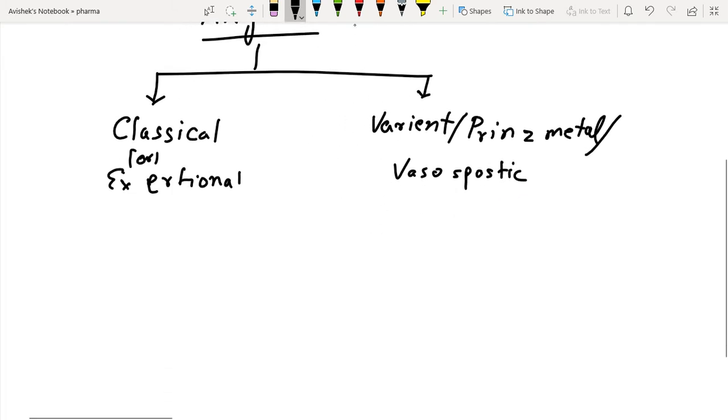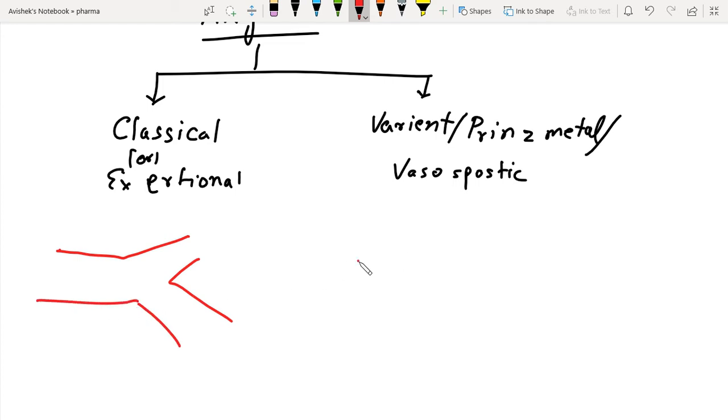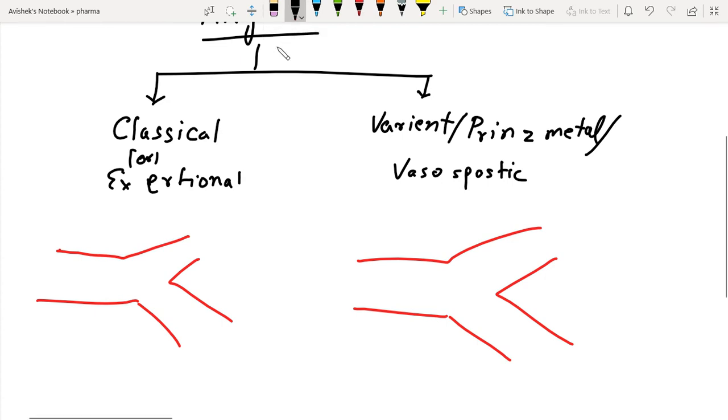What happens in both of these? These are coronary arteries. The major difference is, in the classic variant there will be some thrombus, which is the culprit.